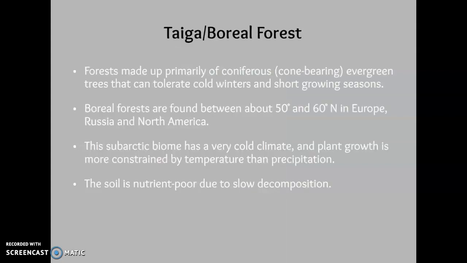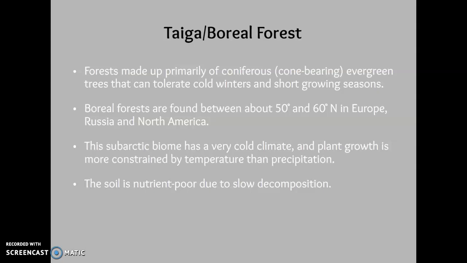Now, let's move a little warmer, not much, to the taiga and the boreal forest. These are synonymous with one another. They're the same thing, and just where you're from determines what it is called. In this region, you have thawed soil for some of the year, enough to allow more plant growth.